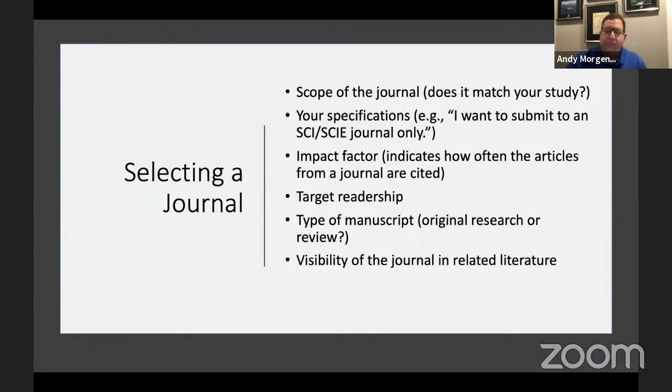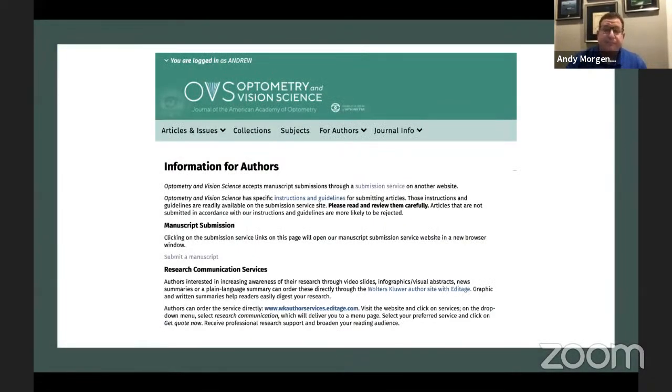And so in selecting a journal, here's a screenshot of the journal titled Optometry and Vision Science, and I'm sure many of you have seen this before. I'm going to leave this page up for a second here because there's a lot of great information.